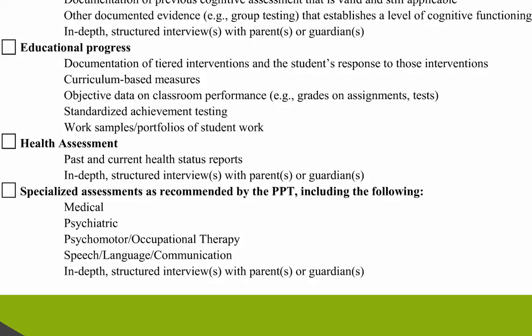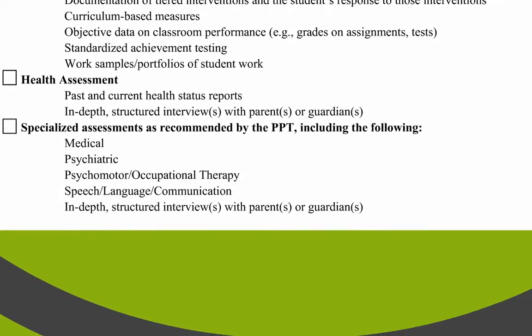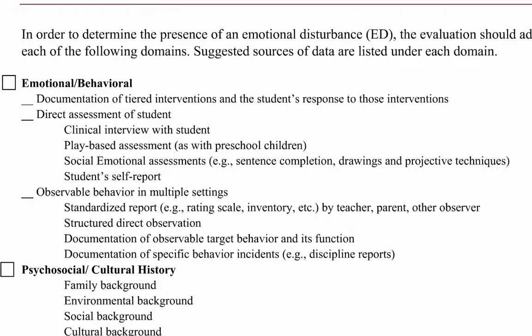So you can see really that the controlling element here is, because all of those other elements are common to other assessments for kids in special education, what's really controlling here are these assessments for emotional and behavioral issues.